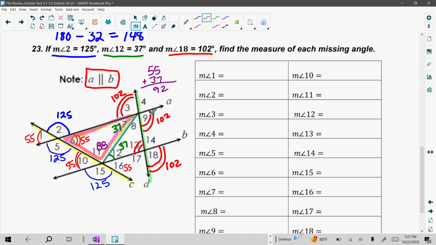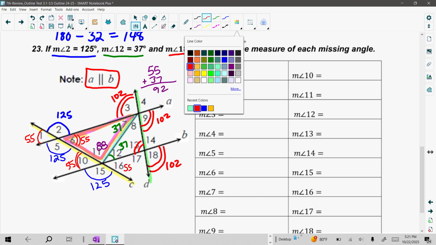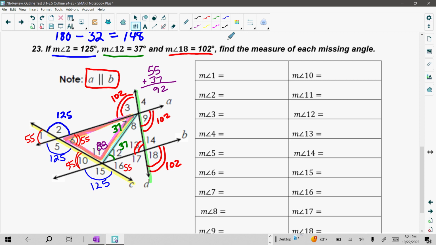Because at this point I can do angle 4, because angle 4 is basically a linear pair. 3 and 4 together are a linear pair. So I'm just doing 180 minus that, and I'm getting 78. Same thing here. 4 and 17 are alternate exterior.